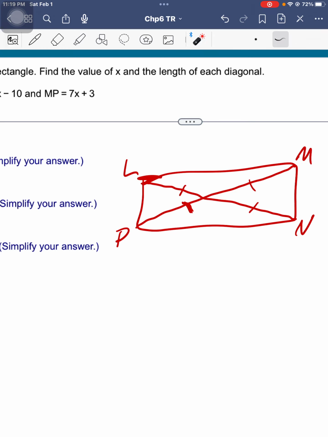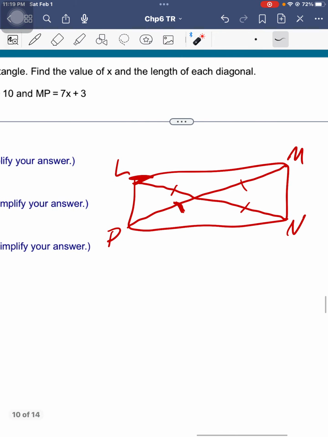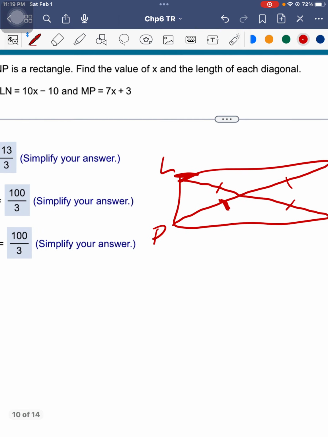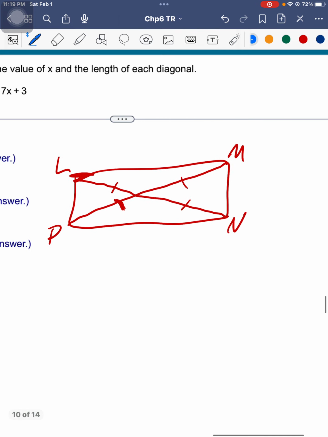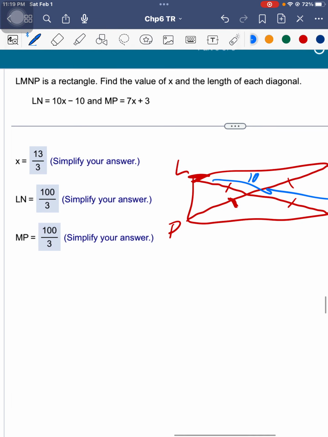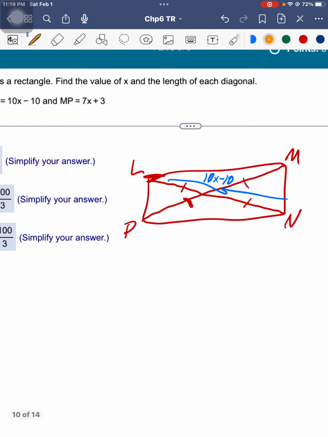So if this is congruent to this and they're both being bisected, then they're all gonna be congruent. So what else? LN, this whole thing, is equal to 10x minus 10, and MP, this whole thing, is equal to 7x plus 3.